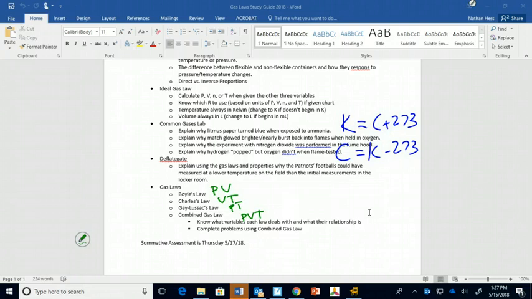So ideal gas law is I've got 3 of these 4 guys, and I'm missing one of those 4, and I have to find it. The other gas laws are I've got some temperature and pressure initially, and I want to change the temperature and know what the new pressure is. Those guys you don't use R. They don't need it.